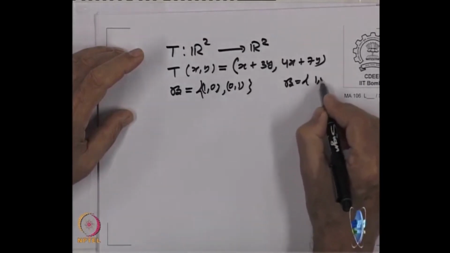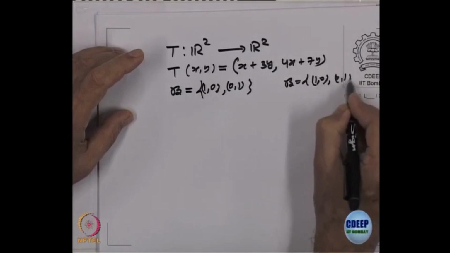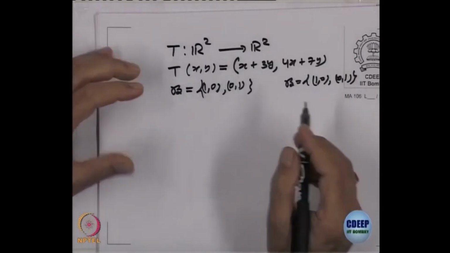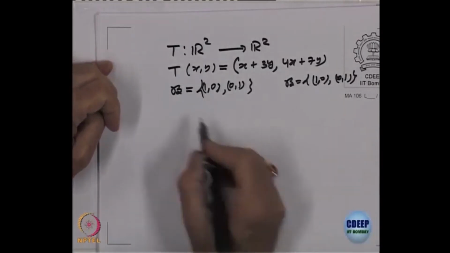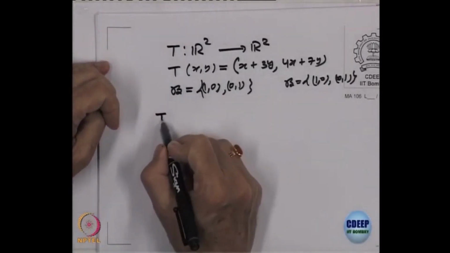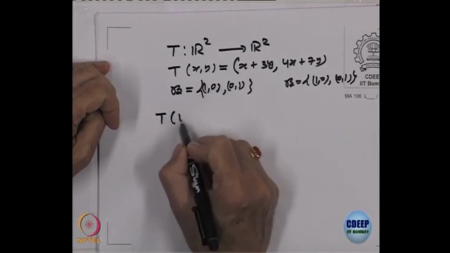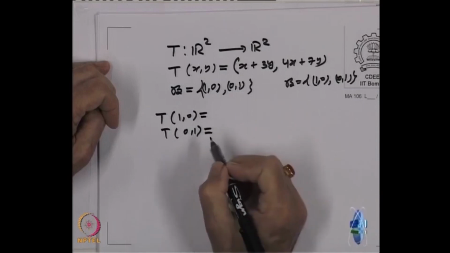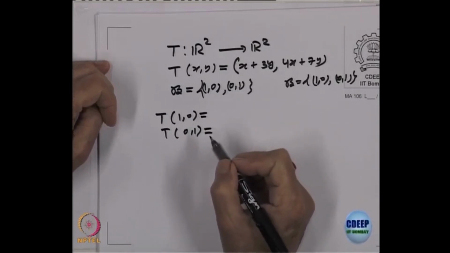I am just taking this because computation becomes slightly simpler, otherwise you have to solve equations and so on. So what is T of (1, 0) and what is T of (0, 1)? I have to find the matrix of T.